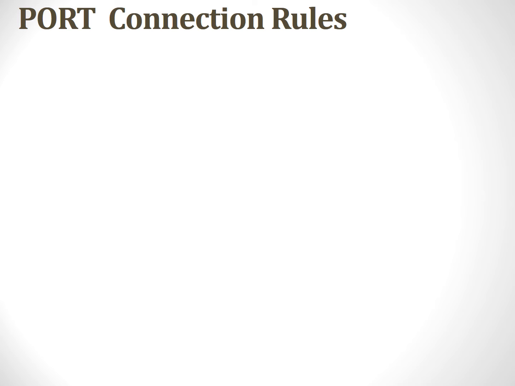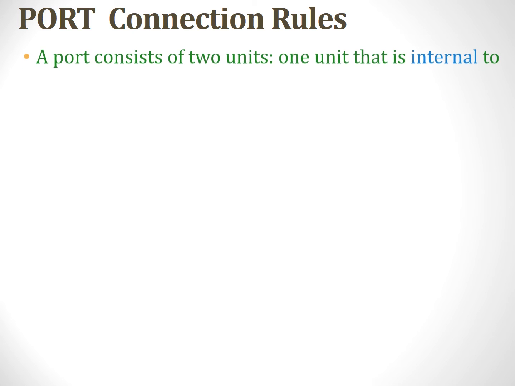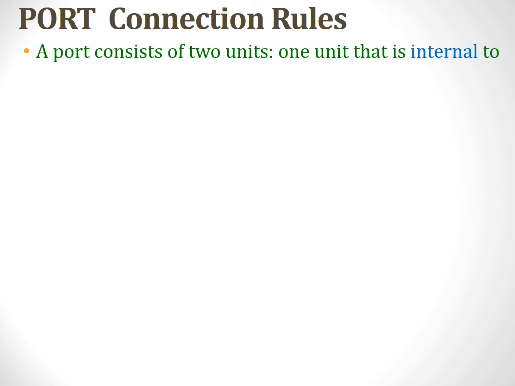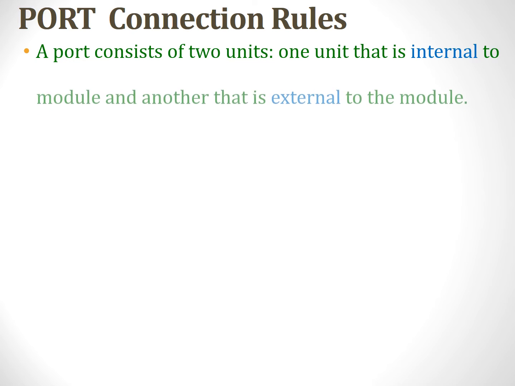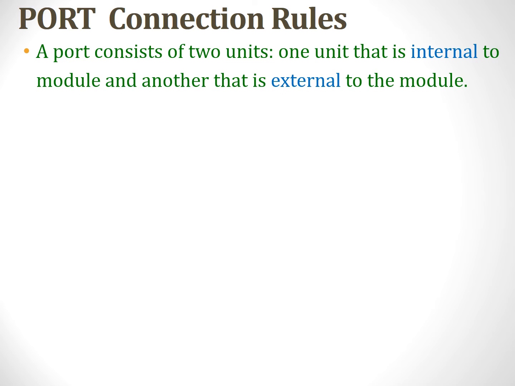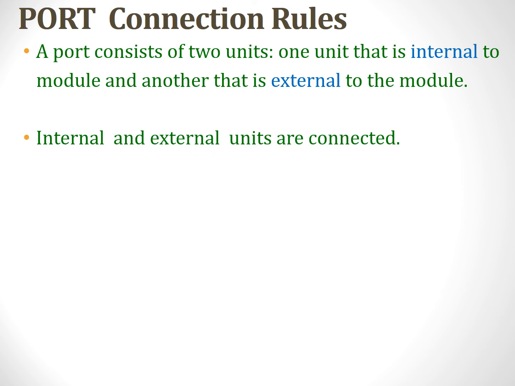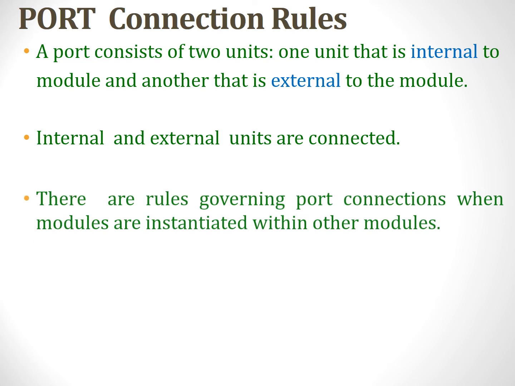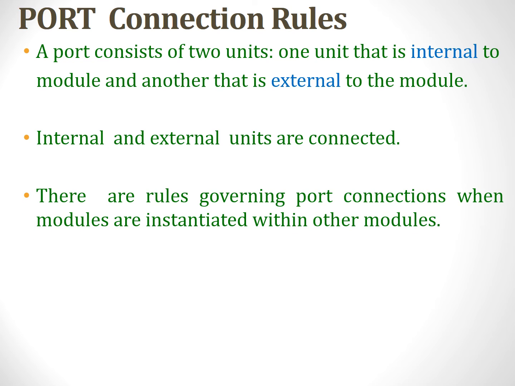To understand the port connection rules, we know that every port consists of 2 units. One unit which is internal to the module and another which is external to the module. So if you consider a module, the module has 2 units, one is an internal unit and one is an external unit. The internal and external units are connected and there are some rules that have to be used when you connect ports, especially when modules are instantiated within other modules.